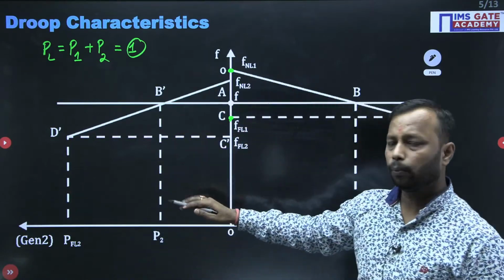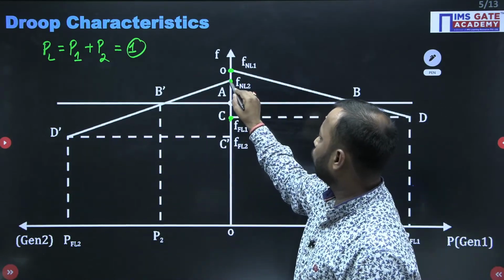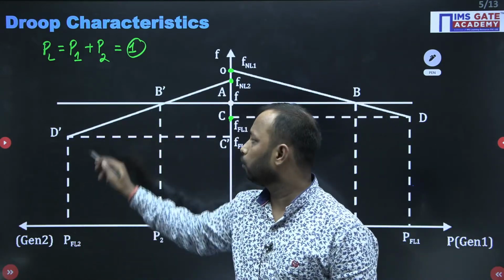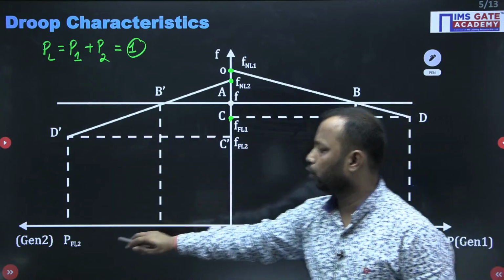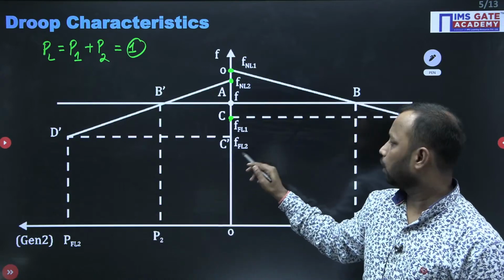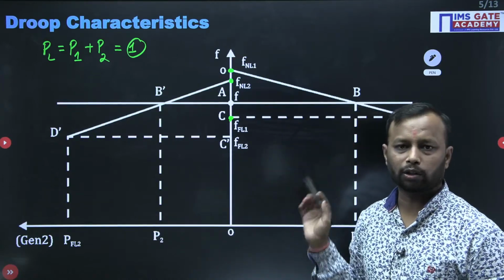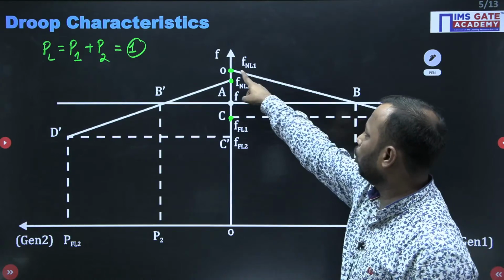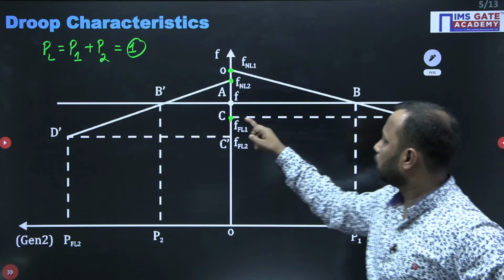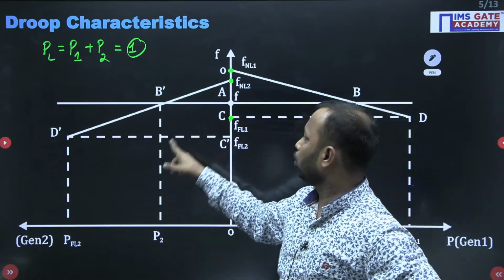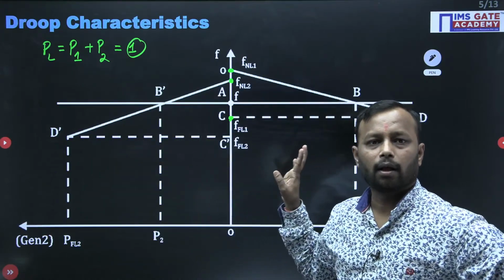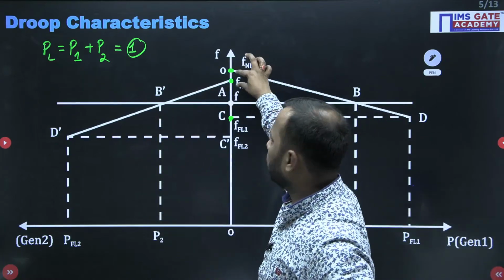Similarly for generator 2, this is the no load frequency FNL2, and the rated value of generator 2 gives the frequency at full load, FL2. Got the point? मैंने क्या बोला? Generator 1 के लिए no load frequency यहाँ पे है. Similarly for rated value और full load value के लिए frequency यहाँ पे है for generator 1. Similarly for generator 2, no load is here and full load frequency is here. So it may be like this, no load frequency can be equal.